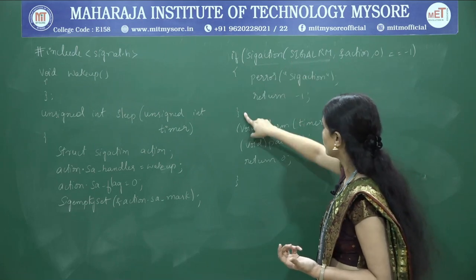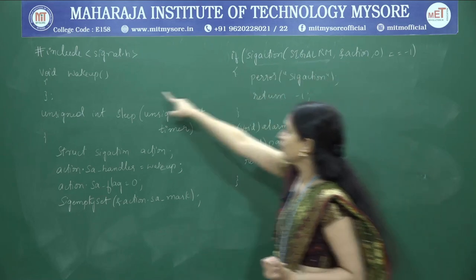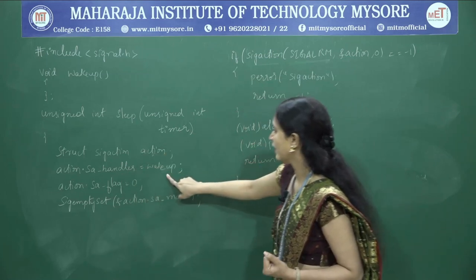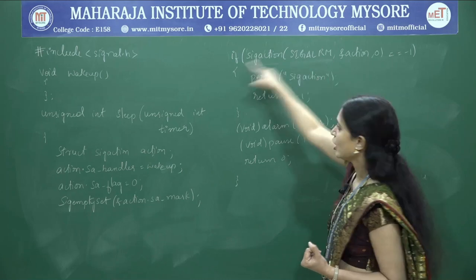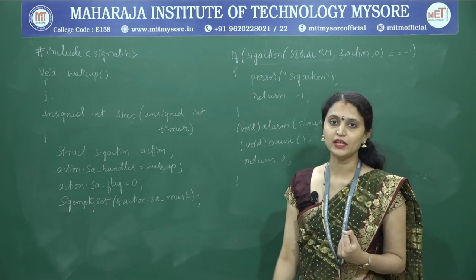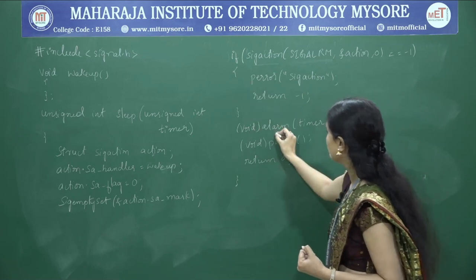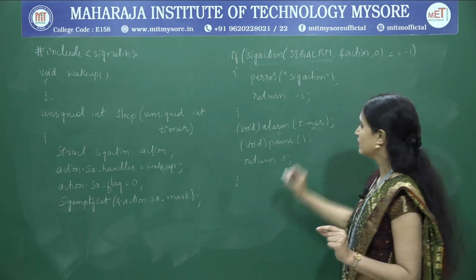Otherwise this will be executed. That means for SIGALRM the wake up function is invoked, because the action has the signal handler as wake up. After this we call the alarm API, passing the timer.